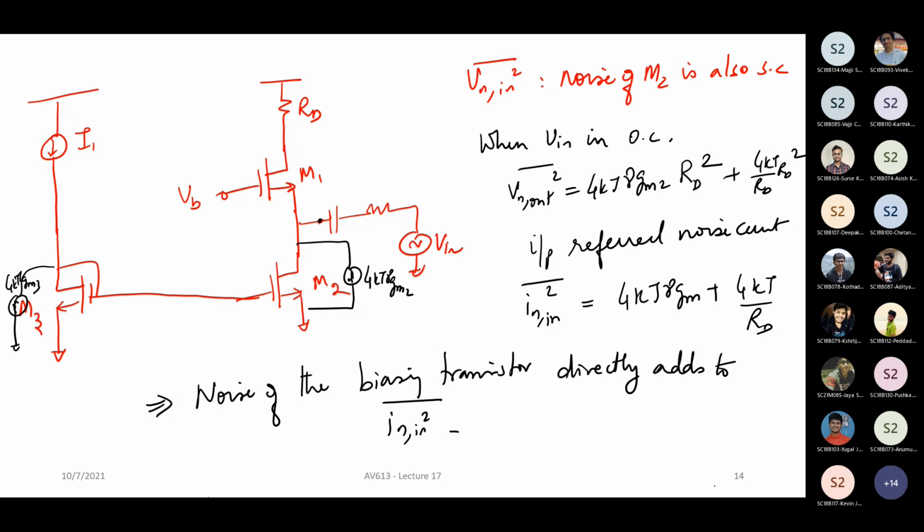So in order to prevent the noise of this M3 from coming, especially at little higher frequencies, what people do is put a nice large capacitor C0 at this particular point. Basically, the job of this capacitor is to filter out noise due to, let's say, M3, I1, etc.